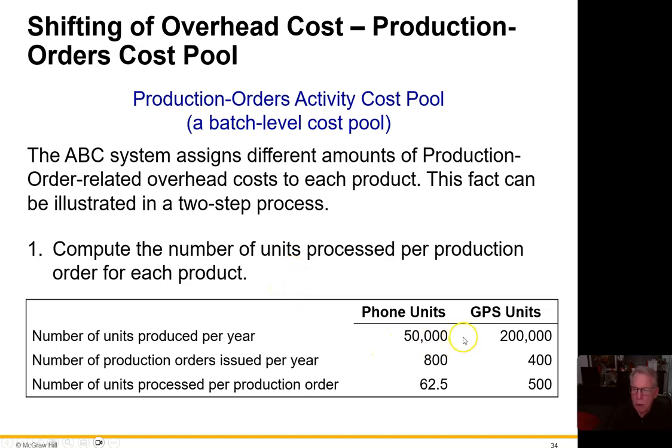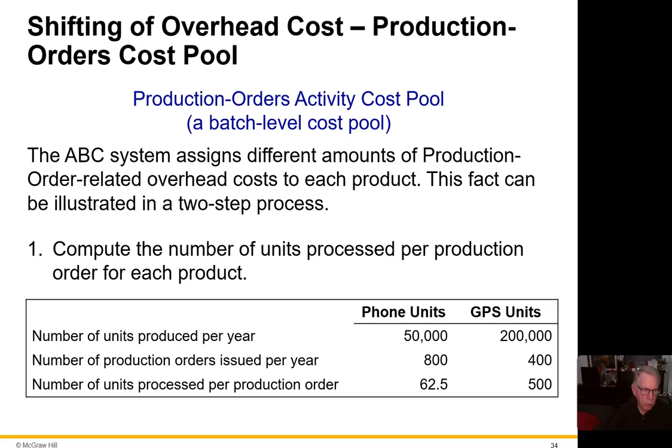So here's the number of units produced per year, same numbers as we've been going through. Here's the number of production orders issued per year. Phone has twice as many as GPS does. And here are the number of units processed per production order. Quite a bit of difference here. It is several times more for GPS than phone units.